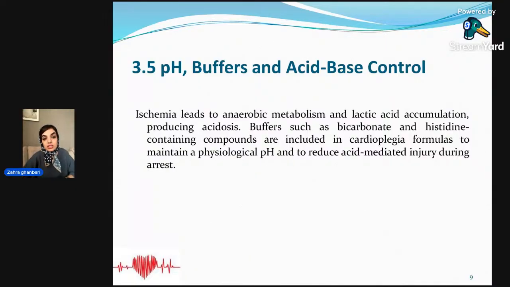But when there is not adequate oxygen, the cell is forced to go to anaerobic respiration, which produces less ATP, and one of the products is lactate. Lactate is acid, so it leads to acidosis. But I said we maintain pH around 7.8 to 8.